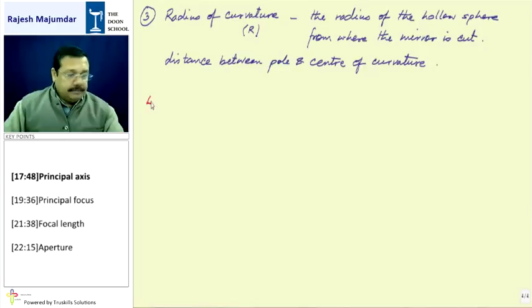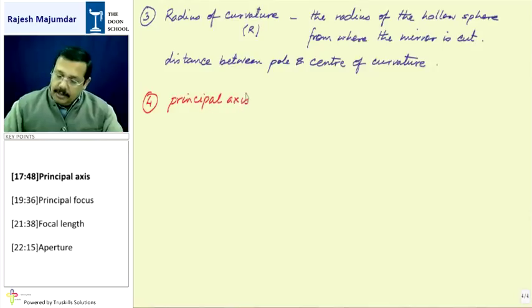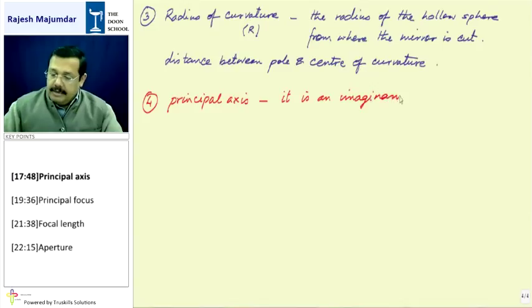Fourth definition is principal axis. It is an imaginary line passing through pole and center of curvature.